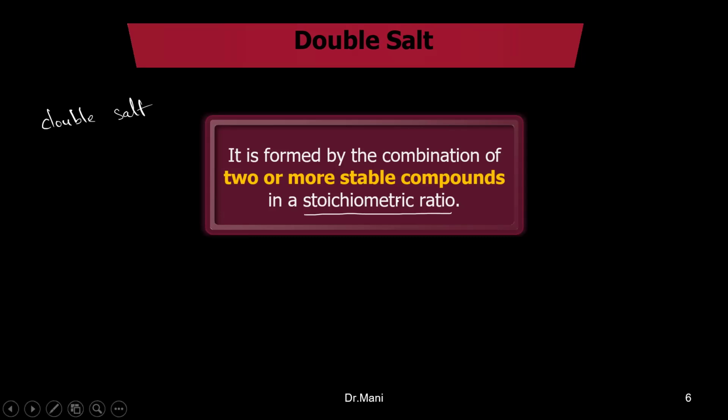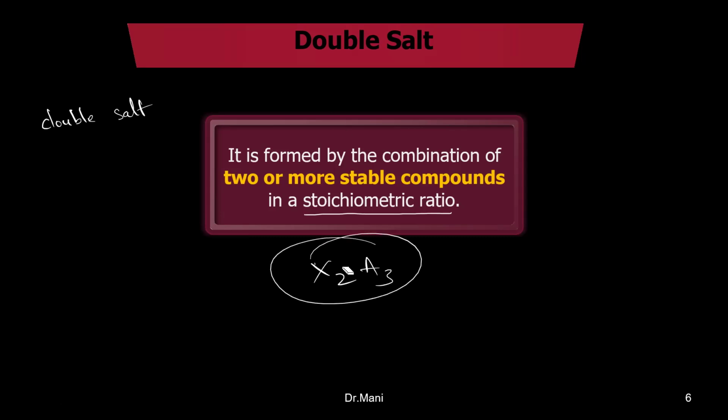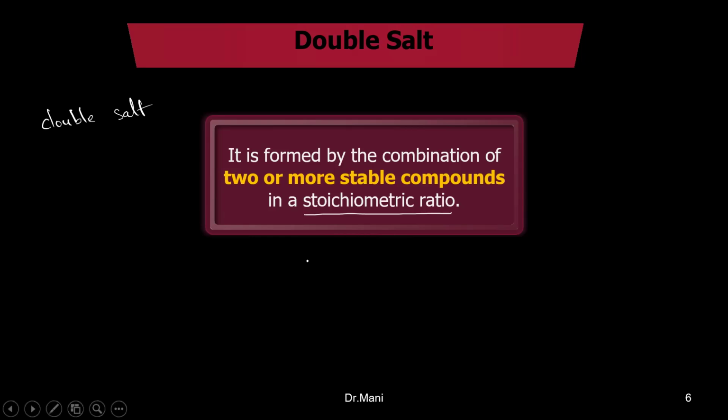It is not arbitrary. I can't take one compound as two parts and the other as three parts, join them, and call it a double salt. No, there are proportional stoichiometric ratios, and only in those specific proportions will the salts combine. Is that clear?